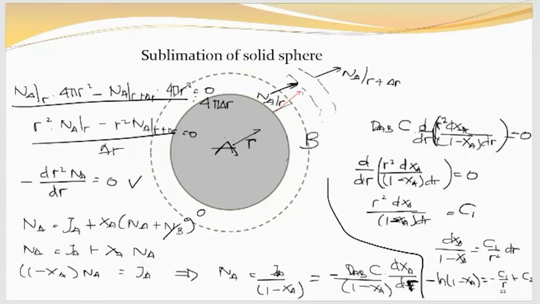Okay. So if you all got the same results, now we need two boundary conditions. What is our first boundary condition and what is our second boundary condition? Basically, at r equal to something, the xa is something. At r equal to 0, that means at the center.